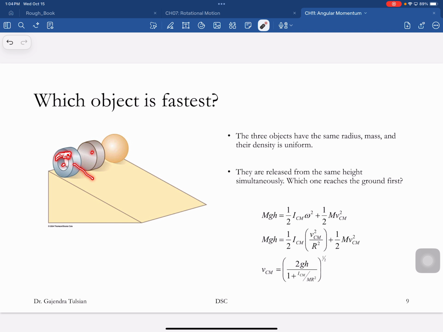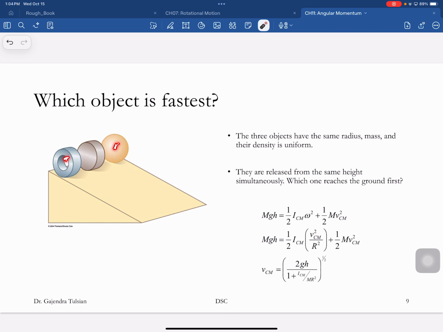It will accelerate down slower than this one. This one will reach first compared to that one. And this one has the lowest, so this one will reach first. Between these two, you have to decide which one has the greater moment of inertia. It'll depend on this one. If this one is just a thin wheel, it'll have the greatest moment of inertia, and it will reach last. So it all depends on the inner radius.